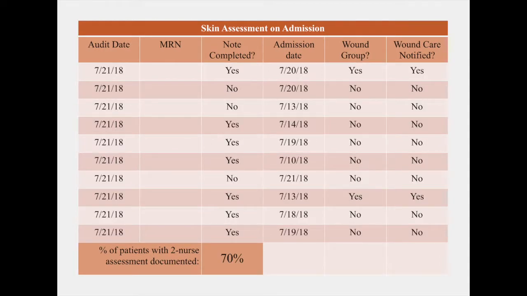As shown in this example audit, the research committee would easily be able to follow how often the 2-nurse assessment is and is not documented by the nurse receiving the patient upon arrival. They can also clearly show if a wound was found upon admission or arrival to the unit, and if the wound care team was subsequently involved to assist in providing care to the patient.